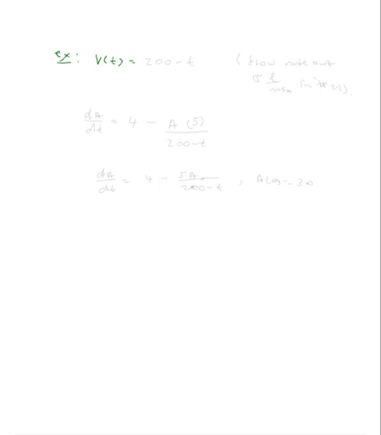So the volume is being reduced at a rate of 1 liter per minute. So the volume at time t, instead of being 200, is 200 minus t. Again, what we've done is change the flow rate out to 5 liters per minute in problem 21.